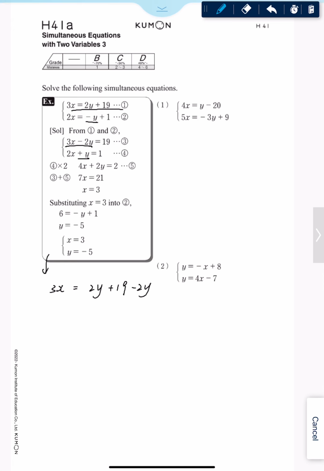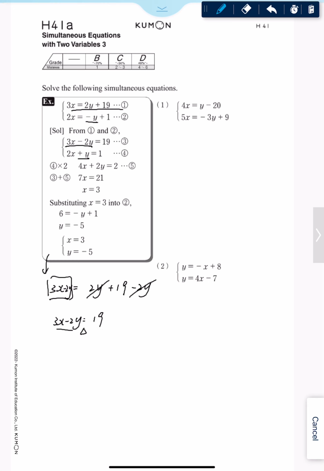But then I also have to subtract it on the left side as well. So then on the right side, the 2y disappeared. That's when you can see that 3x minus 2y is equal to 19, right? Because we know that the equal sign is a balance. The left side and the right side are always the same.